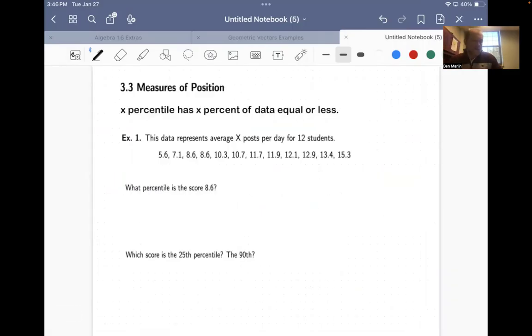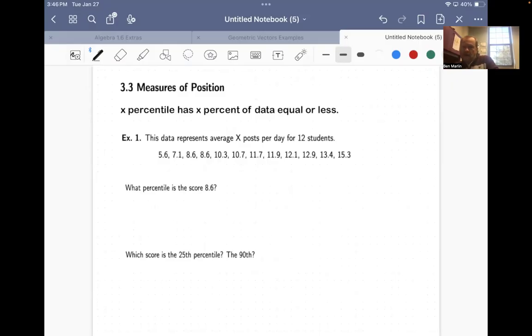All right. So now let's talk about measures of position. When we talk about measures of position, the one you've probably heard about is percentiles. Here in a second, we're going to talk about quartiles, but percentiles are the thing that people have usually heard of. So when we talk about percentiles, they need to break the population up into 100 pieces. And because they're breaking the population up into 100 pieces, that means there's going to be 99 of them.